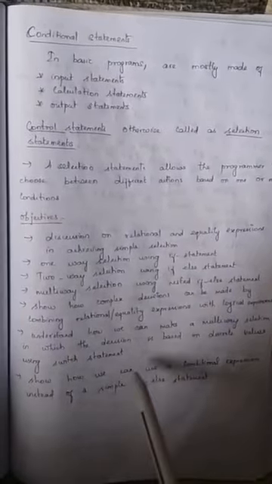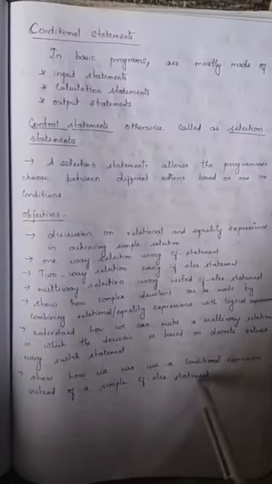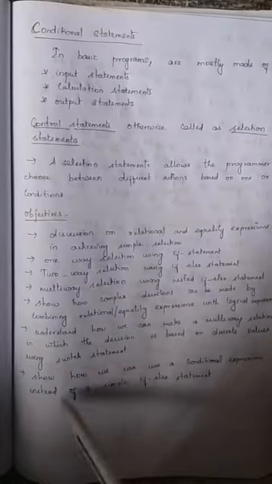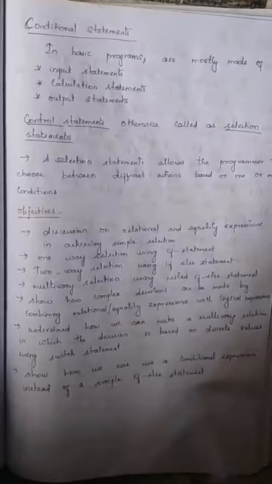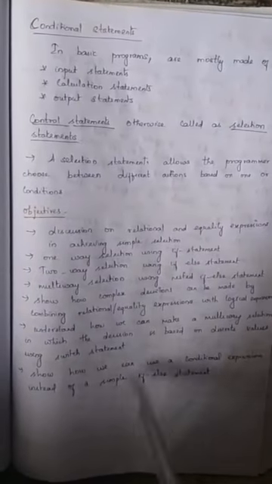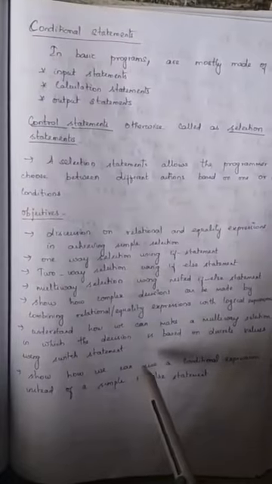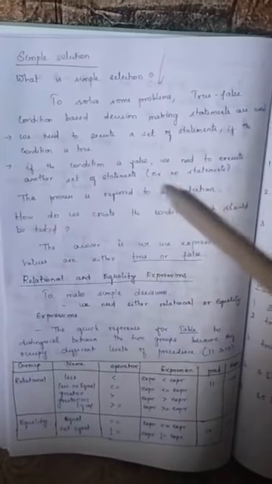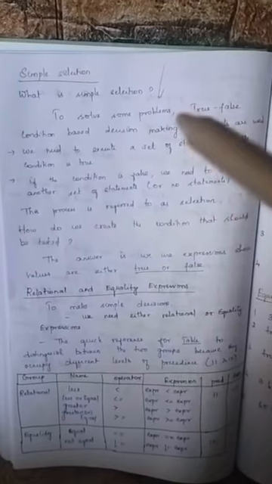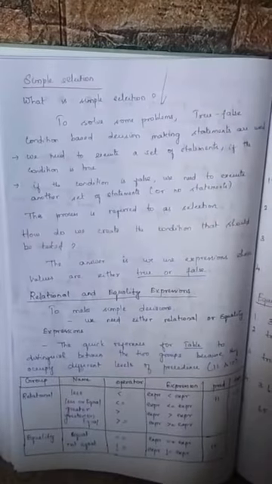Show how we can use a conditional expression instead of a simple if-else statement. Finally, we'll see how the simple selection statement has come across these control statements. As we have seen in the previous video regarding the simple selection, we'll see in detail what that simple selection is.